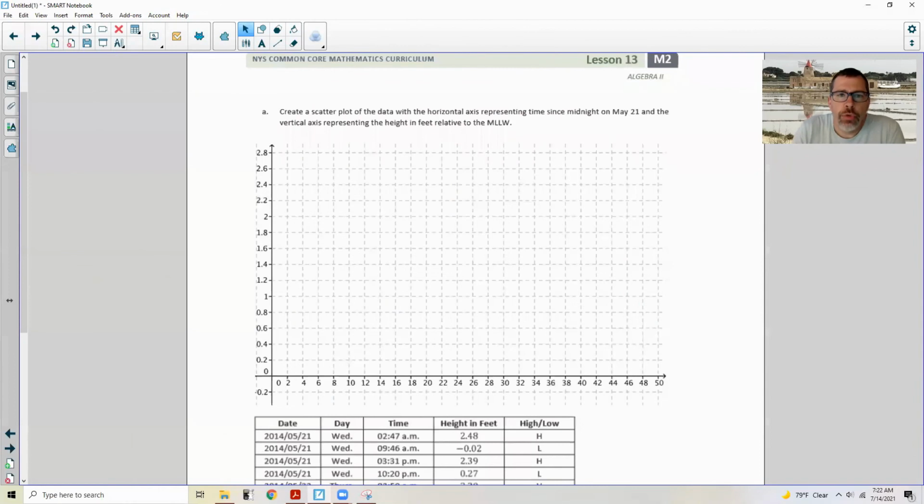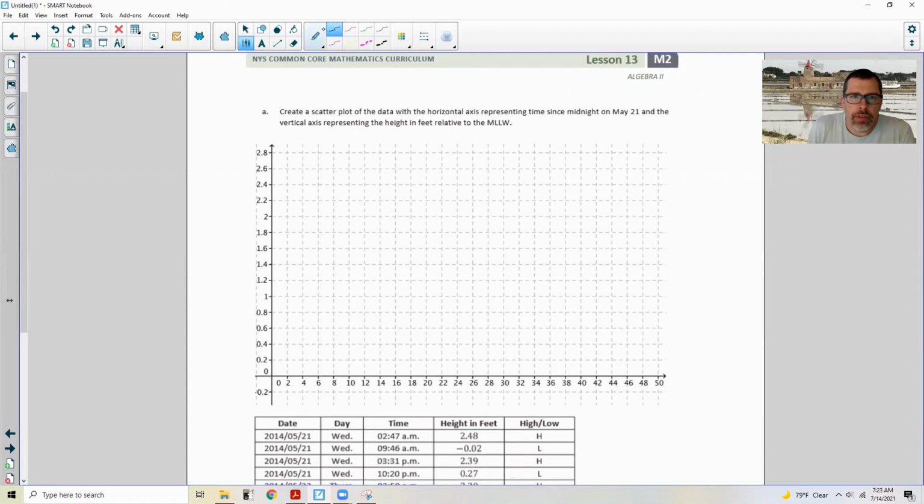Okay, so on page 2, part A says to create a scatter plot of the data with the horizontal axis representing the time since midnight on May 21st and the vertical axis representing the height in feet relative to the MLLW. So the first thing I'm going to do is label my axis.